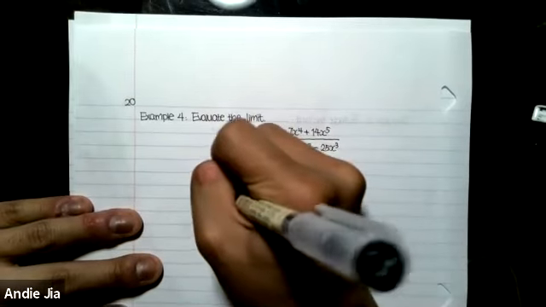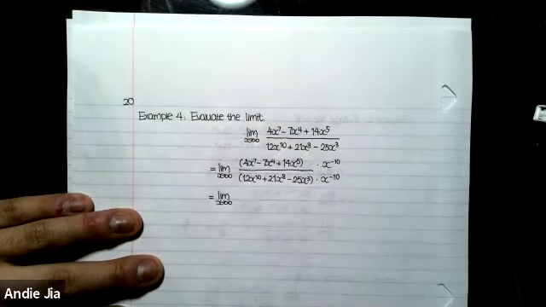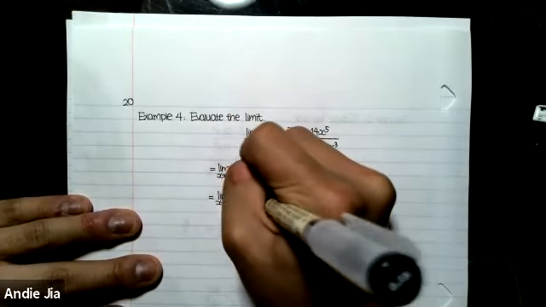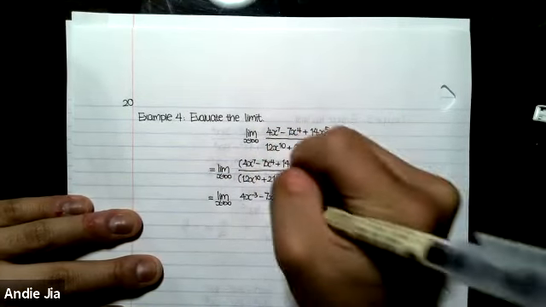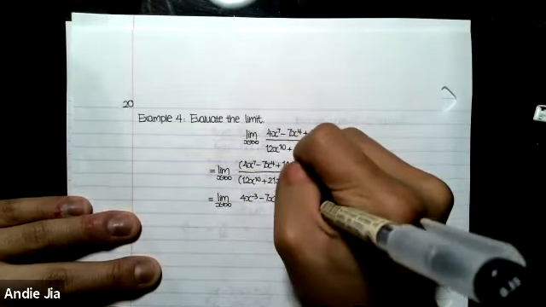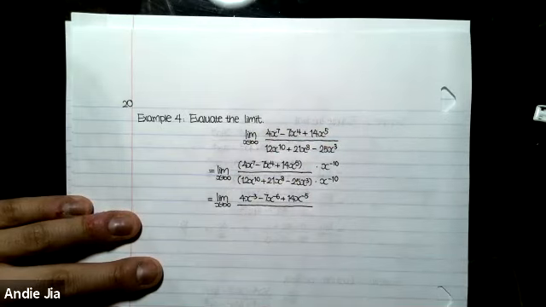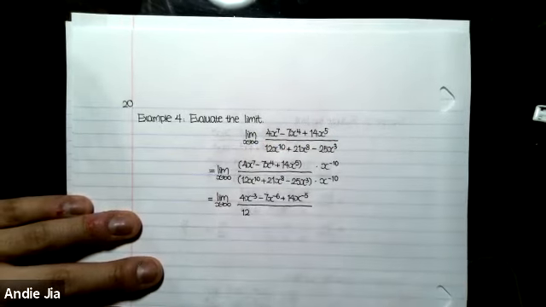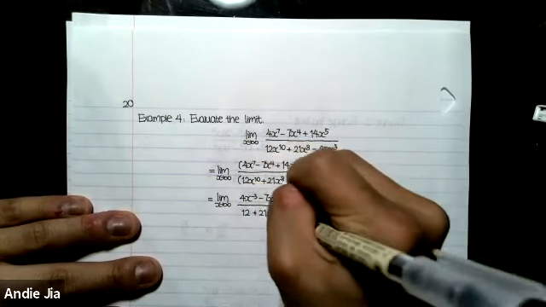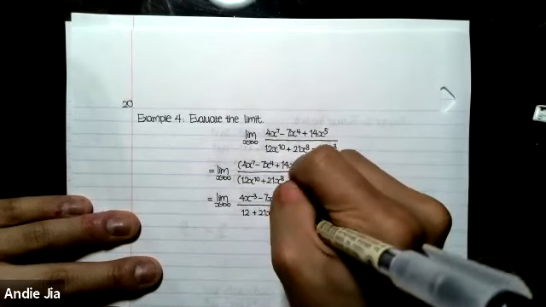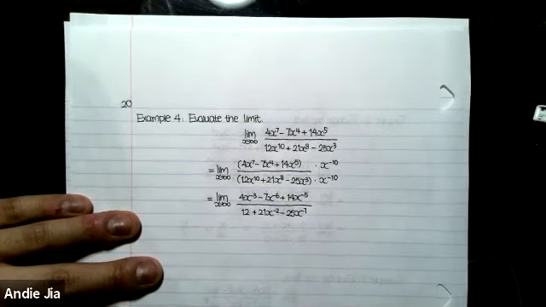What we have is the limit of 4x to the negative 3 minus 7x to the negative 6, plus 14x to the negative 5, over 12 plus 21x to the negative 2 minus 25x to the negative 7.